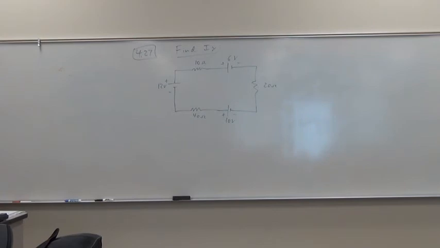You need to assign your polarities. None of these have polarity, so you have to go ahead and put your plus and minus everywhere. First step. You know the large terminal is plus, and the small terminal is minus. So go ahead and put your plus and minus through here. That's the first step. And on your resistors as well.